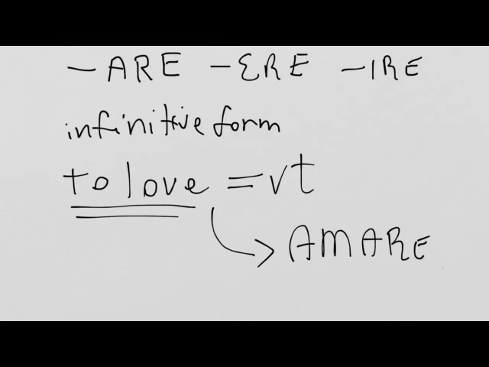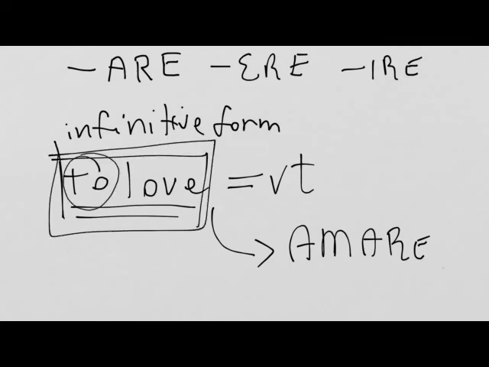It has simply the function of telling you what the action is. It is the action to love. This is the infinitive form in English with a to in front, and this is the infinitive in Italian.